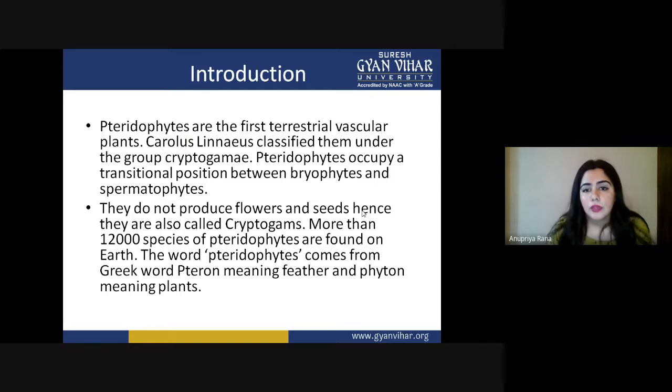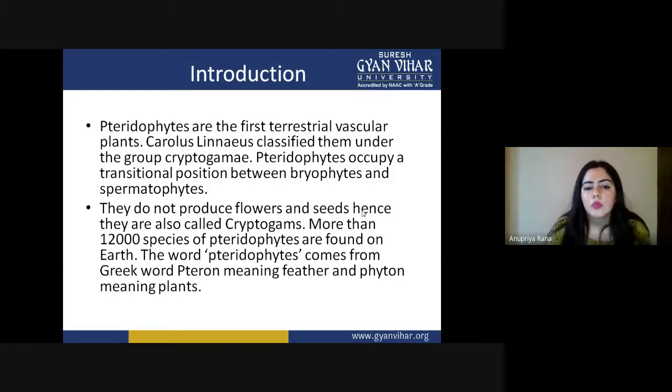So the character similarity of the pteridophytes is higher with the bryophytes, not with the spermatophytes. That's why we put them into the cryptogams, not the phanerogams. They do not produce flowers and seeds, so they do not have this luxury. Hence, they are called cryptogams, but they do reproduce.